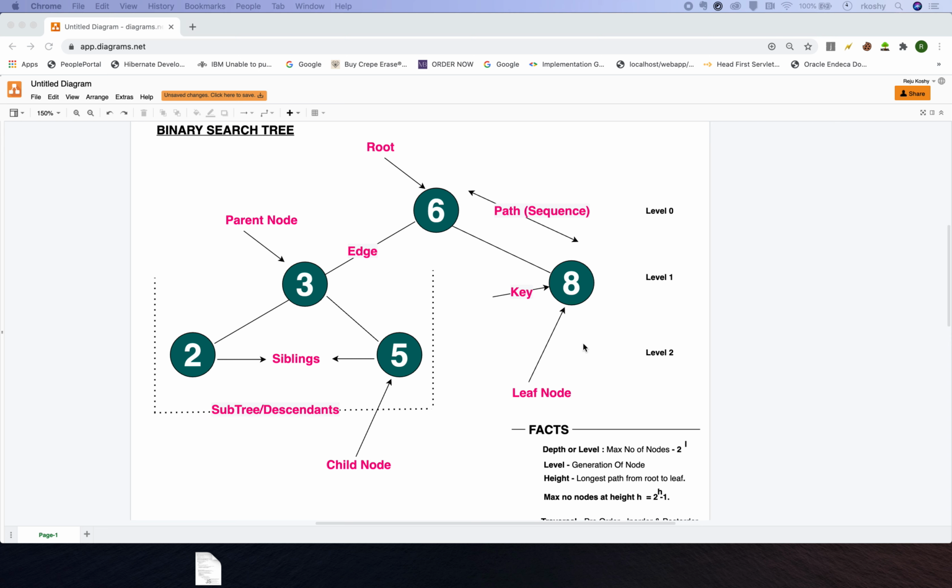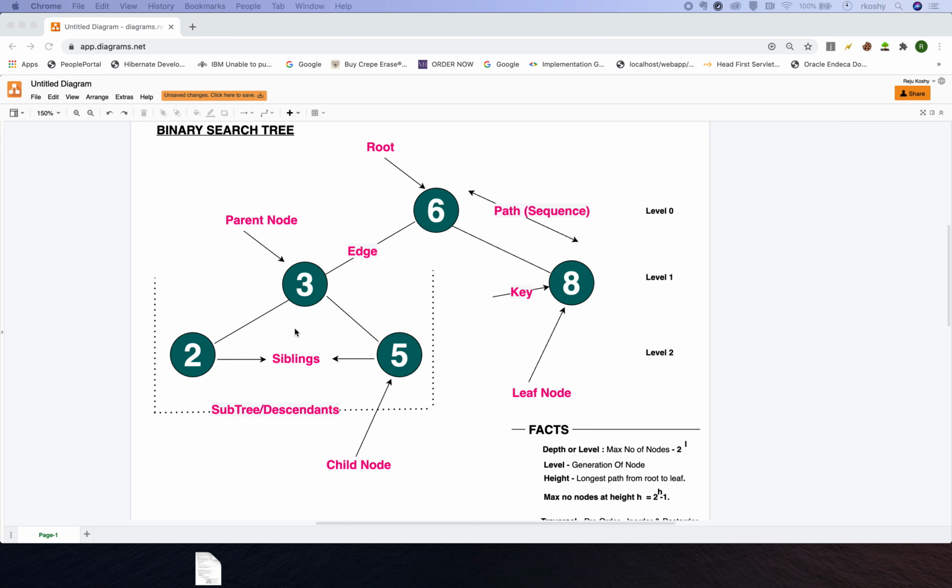Now, if you look at the overall tree, it's not a subtree. My apologies for making mistakes in statements, so let me correct it. If you look at the overall binary search tree, you can see the possibilities of forming different subtrees in this entire tree.